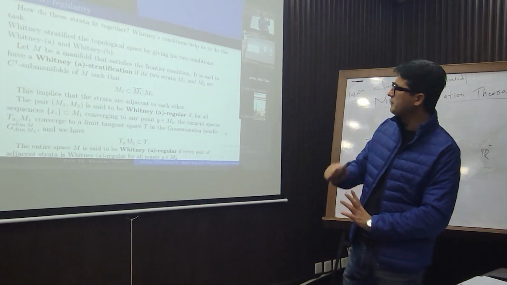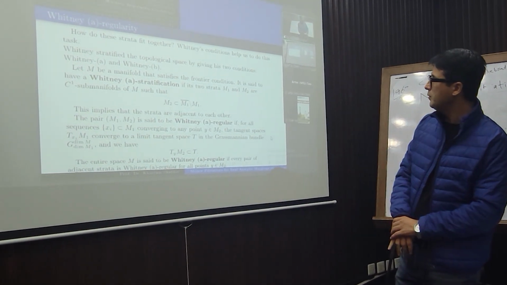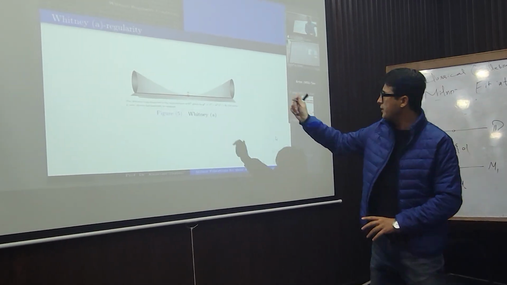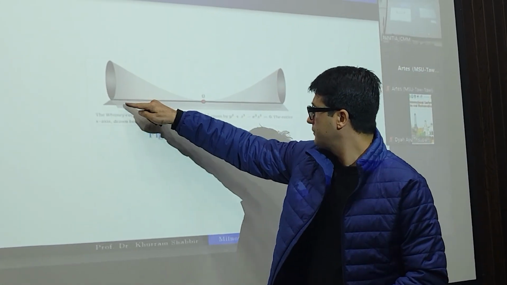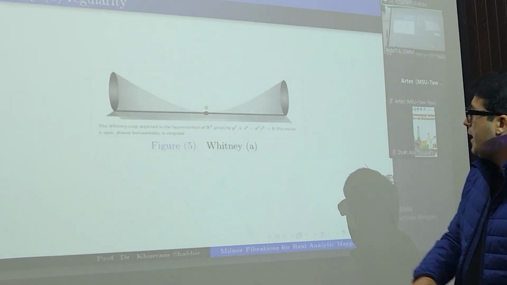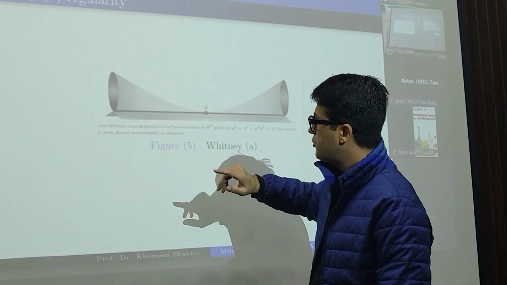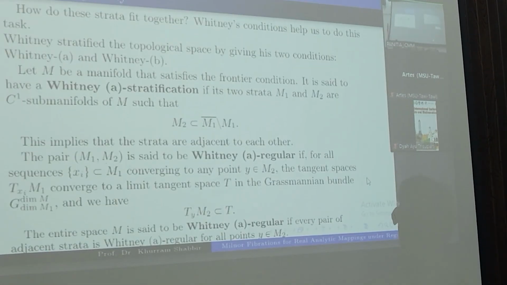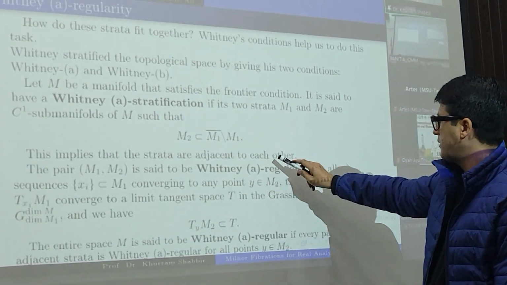So what is this Whitney condition? If you show me the picture of the next page. So here you can see that this is the singularity. Yes. And these are the strata. So go back to the definition. If you look at the definition, we say that the strata are disjoint objects.